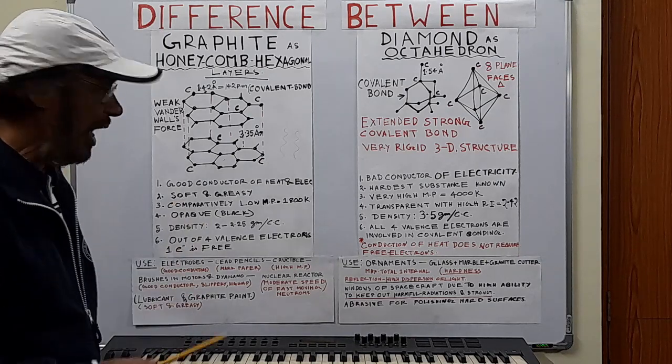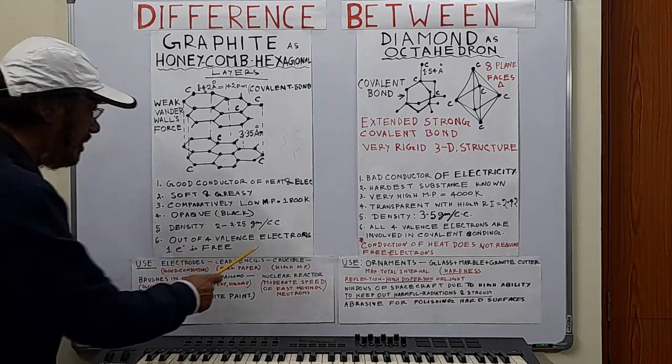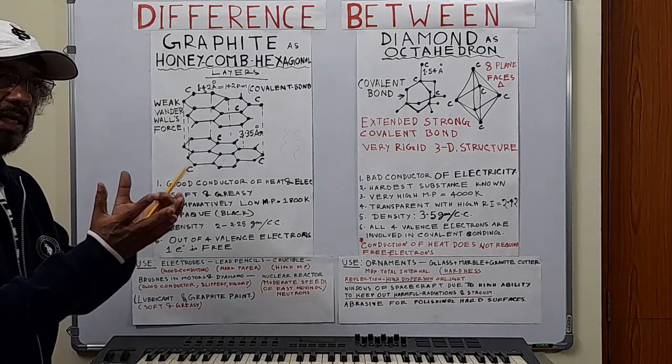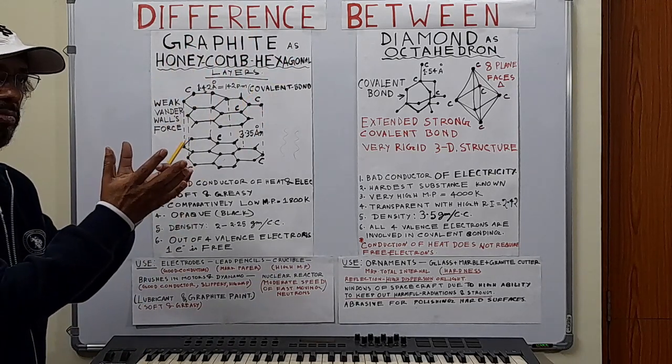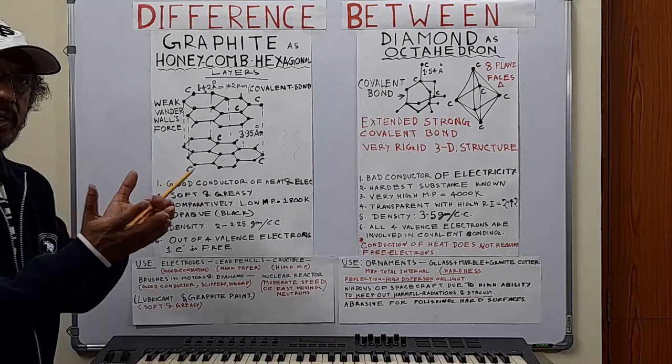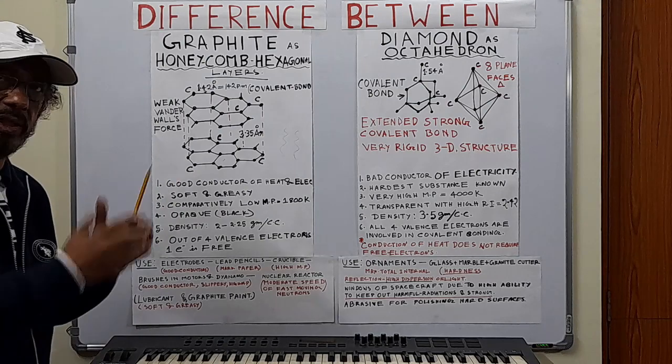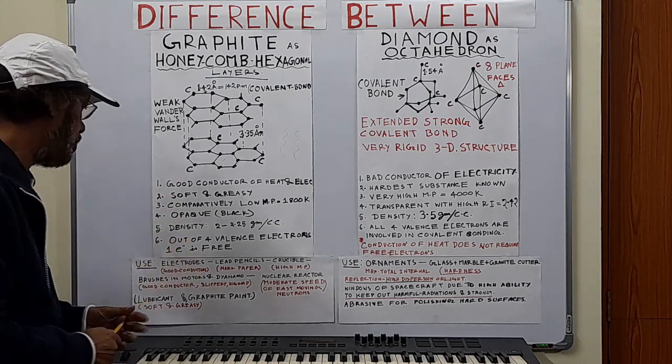Graphite has a very high melting point, and it is used as a crucible in the chemistry lab, so that you can heat some metals in a container whose melting point is much more than the substance you have used.